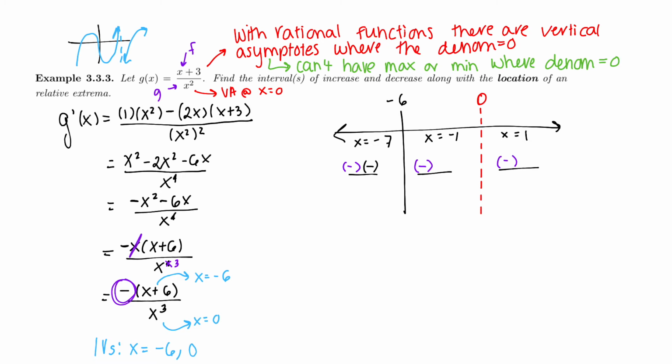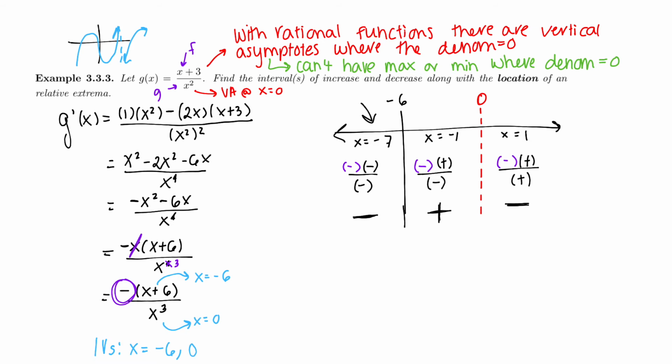Negative 7 cubed is negative. 3 negatives make a negative. Negative 1 plus 6 is positive. Negative 1 cubed is negative. 2 negatives make a positive. 1 plus 6 is positive. 1 cubed is positive. 1 negative makes a negative.